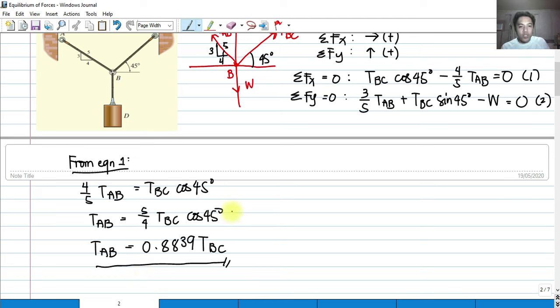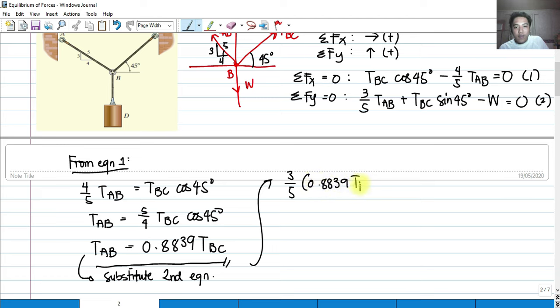So we're going to substitute this into our second equation so that we can solve for T sub BC. If we substitute that, we have 3/5. Here's our second equation. TAB is 0.8839 T sub BC, plus T sub BC sine 45 degrees.